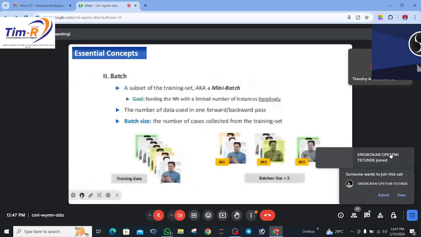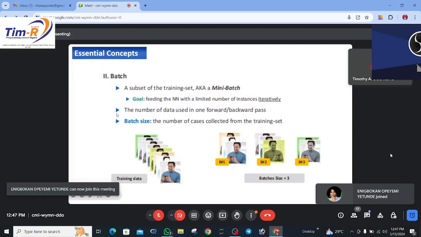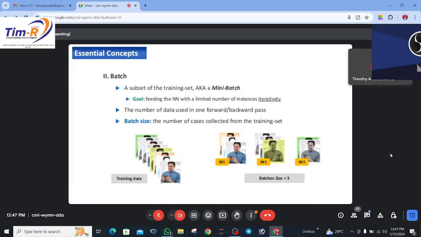Now the second one is called batch. A batch is a subset of the training set, which is usually called a mini batch. The goal of that subset is feeding the neural network with a limited number of instances iteratively.